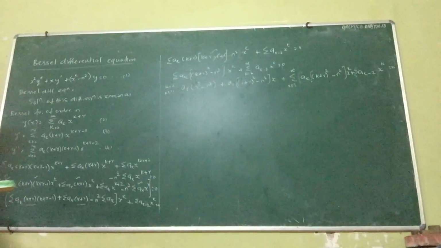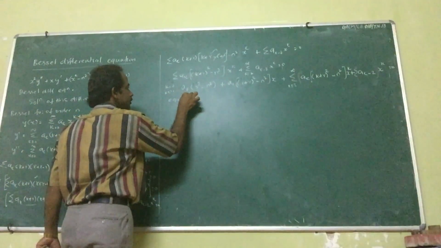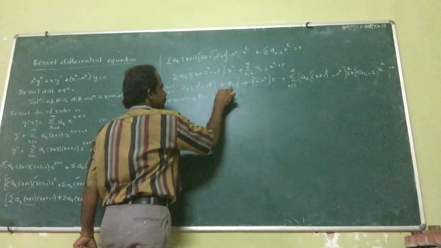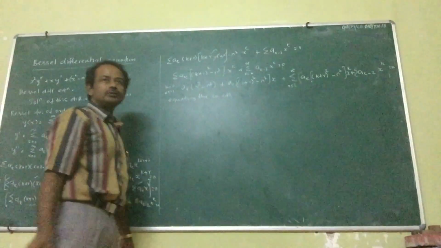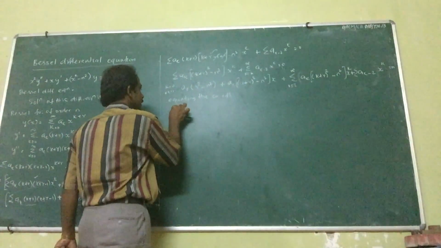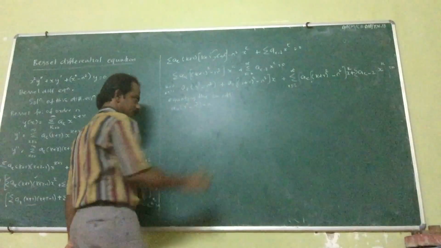Now I can equate all the coefficients. Equating the coefficients, I am going to equate the first coefficient. So you have a naught (r square minus n square) equal to 0.